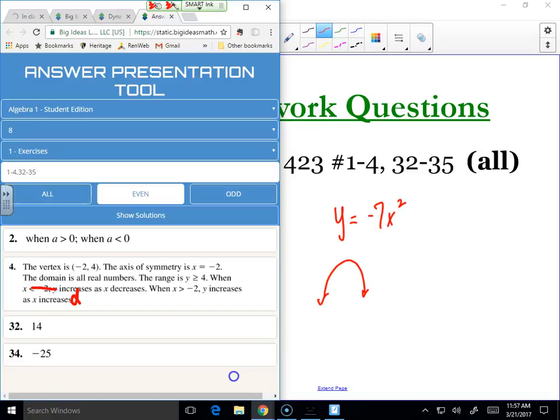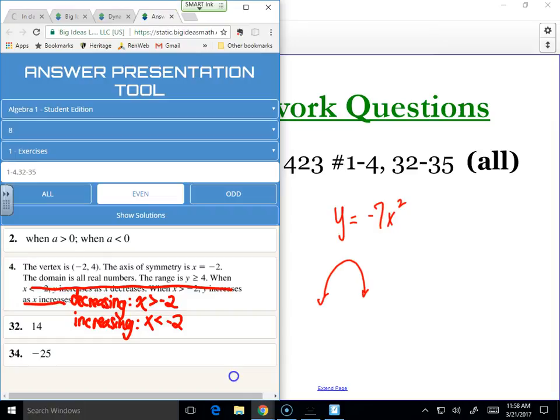So I would say instead of this comment, guys, the number 4, was it concave up or concave down? Concave down. So I would say the graph or the y's are decreasing for x greater than negative 2. Exactly. And increasing for x is less than negative 2.